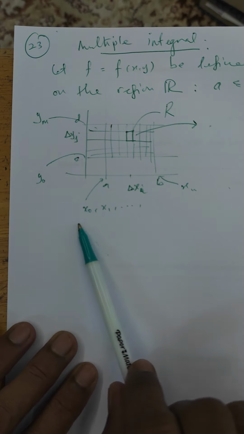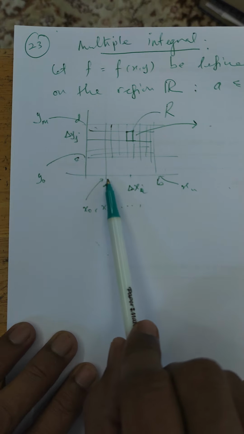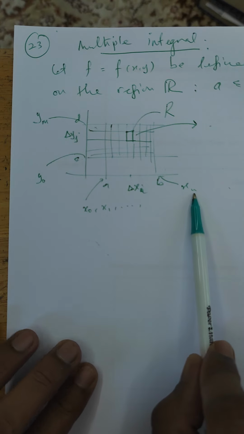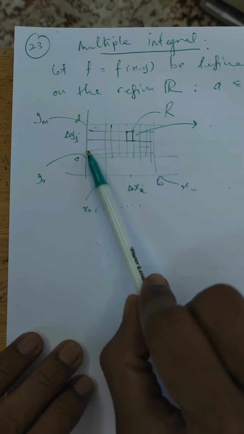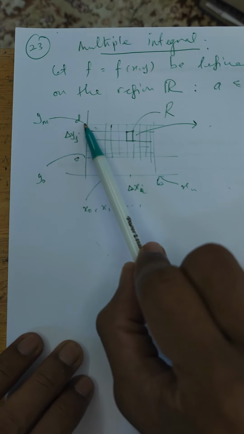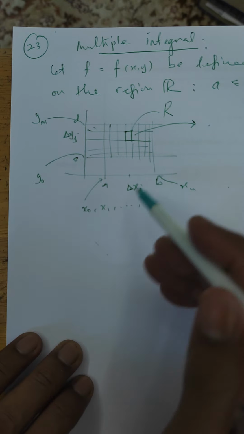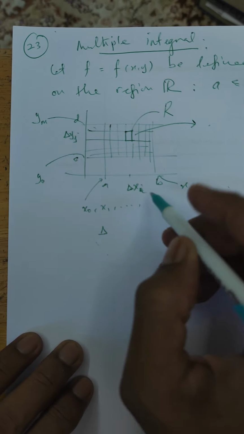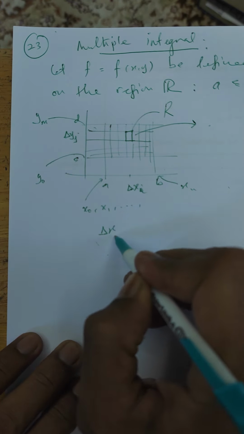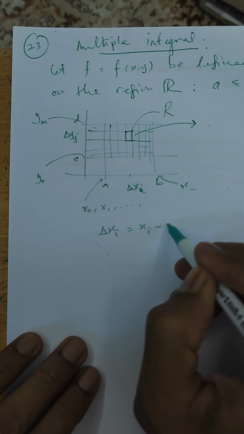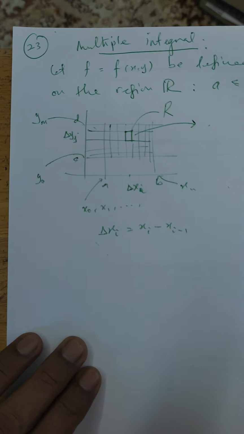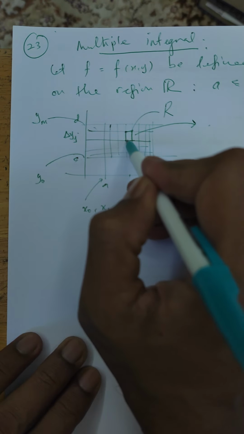So our delta xi is xi minus x(i-1), that distance here.